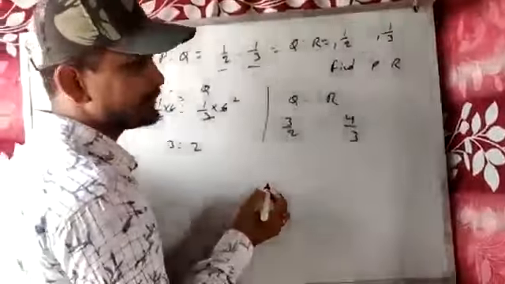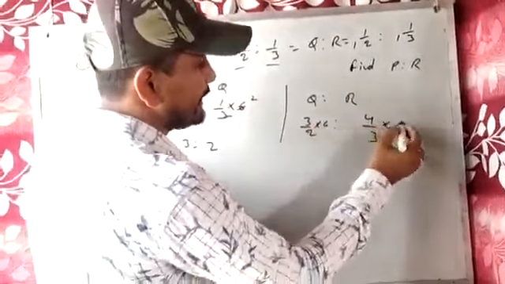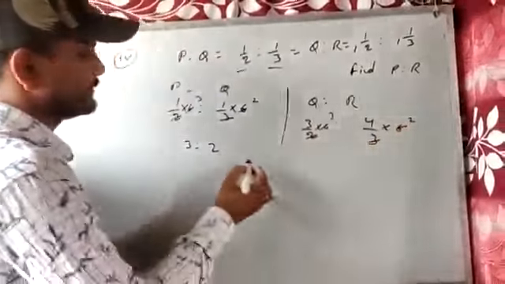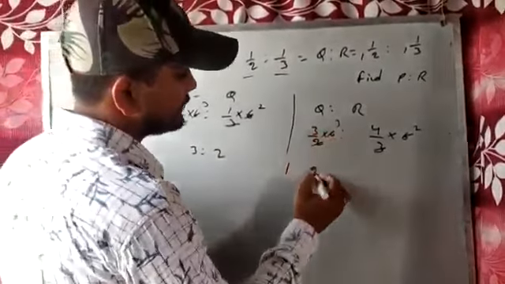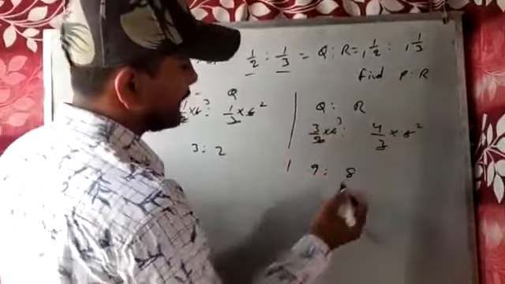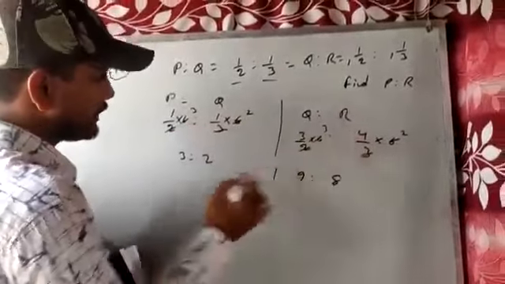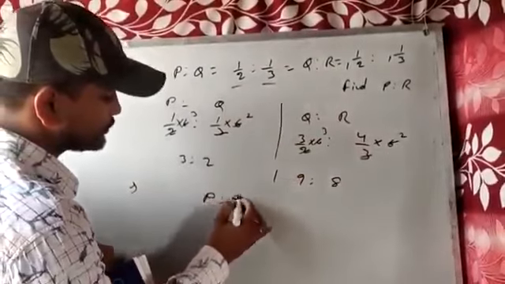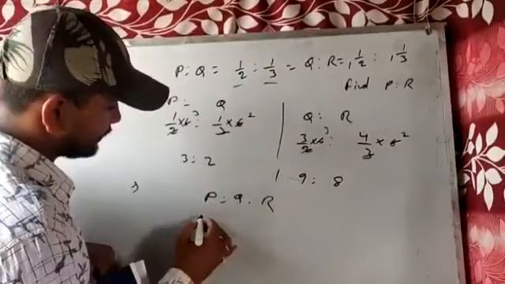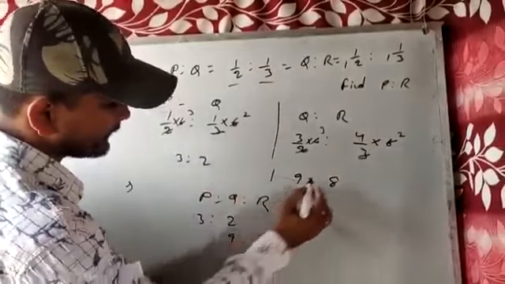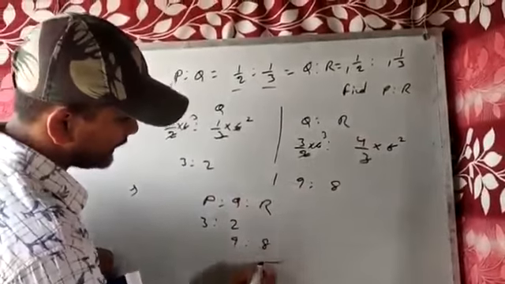Now again I will take LCM of 3 and 2, we will get 6 and multiply with 6. 2 3s are, 3 2s are. And now we can write 3 3s are 9 and 4 2s are 8. See, we will get the values of P is to Q and Q is to R. Now I will write P is to Q is to R. The value of P is 3 and the value of Q is 2. Again the value of Q is 9 and the value of R is equal to 8.